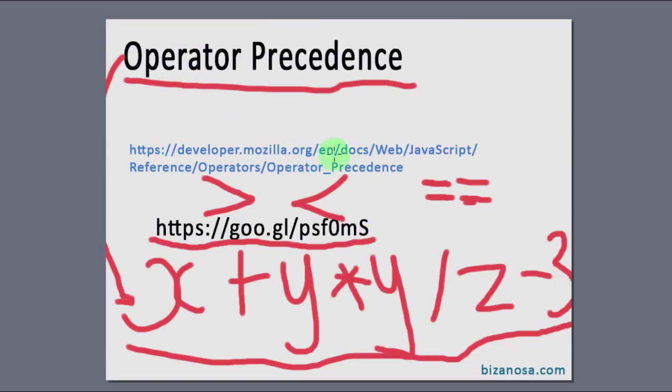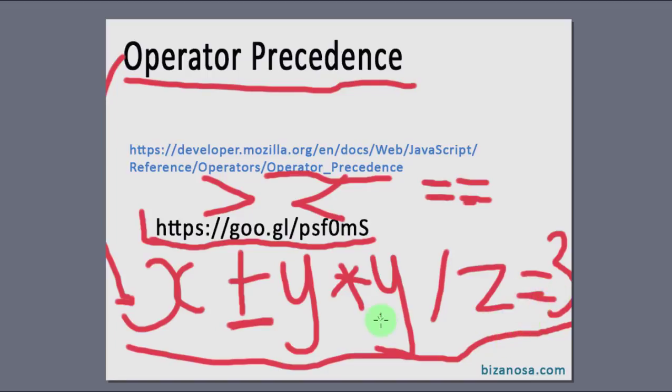Now the good thing about this is whether you look at the operator precedence in JavaScript, in Python, or in C++, it's all the same. It doesn't matter. All the programming languages will just follow the same line of doing things. You won't find one where the plus comes after a minus.